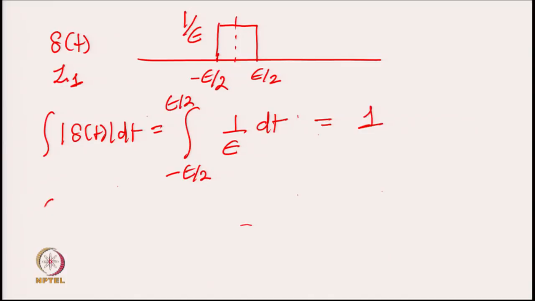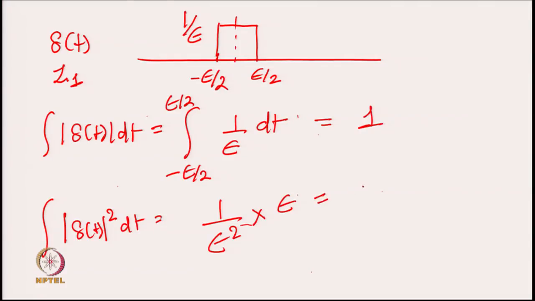If I do this for delta t square dt, I get 1 by epsilon square into epsilon, and this turns out to be 1 by epsilon. Because epsilon is a very small quantity, this will approach infinity. So, clearly this is L1, but this is not L2.